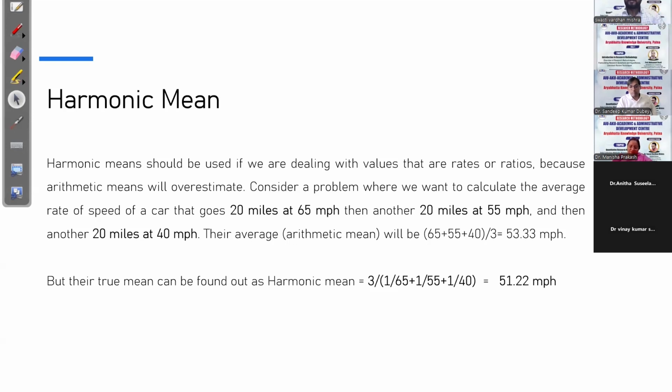But since it is a ratio, it is advisable that you do the harmonic mean, because harmonic mean produces a very true picture when we use ratios. So the harmonic mean, when performed, gives you the value of 51.22 miles per hour, which is less than the value produced by arithmetic mean, and we can say that arithmetic mean is basically exaggerating the value.